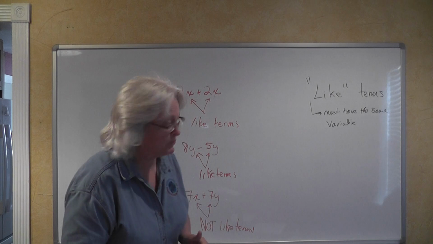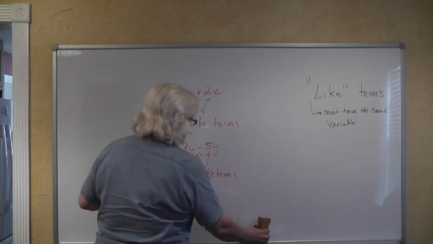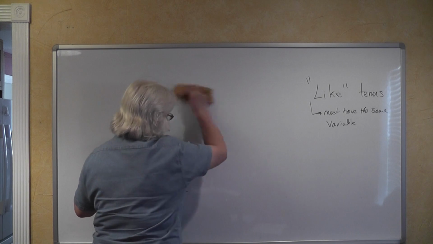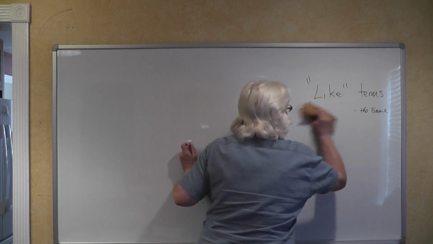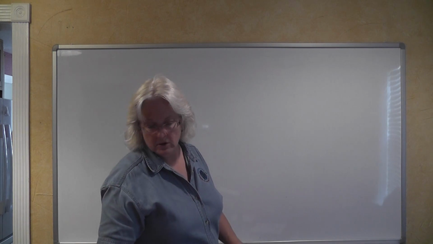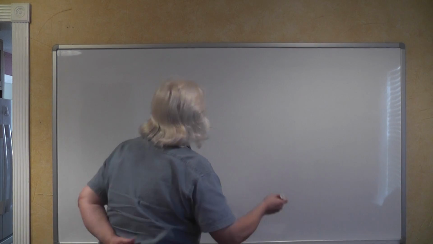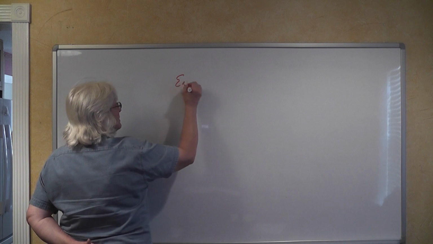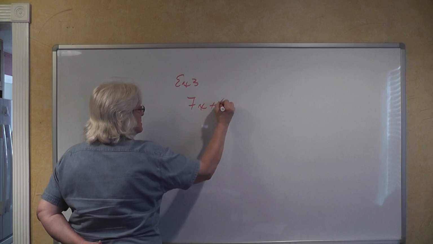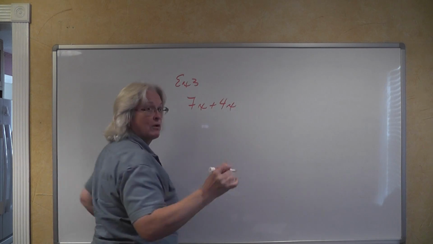Now I want to do example 2 from your text. And they want us to combine like terms, or to simplify, by using the distributive property, to combine 7x plus 4x.